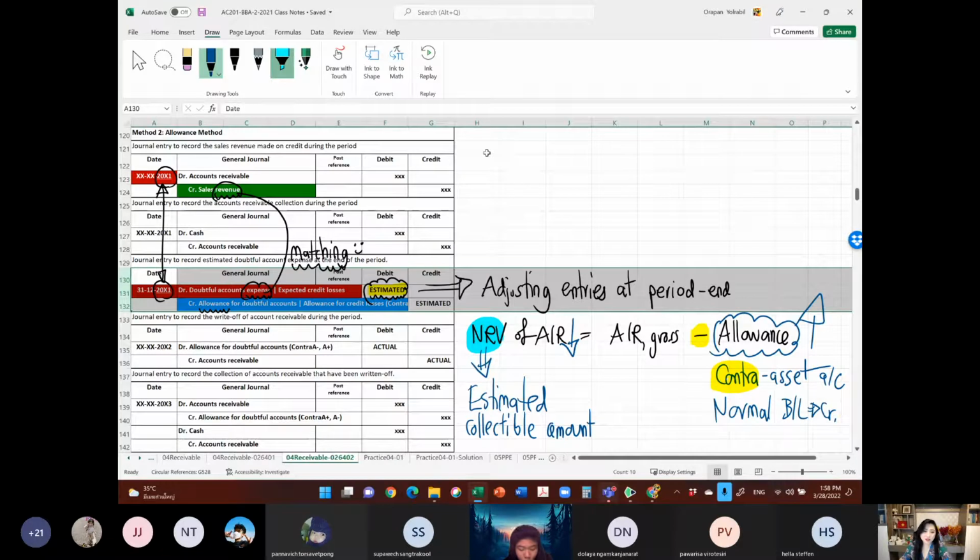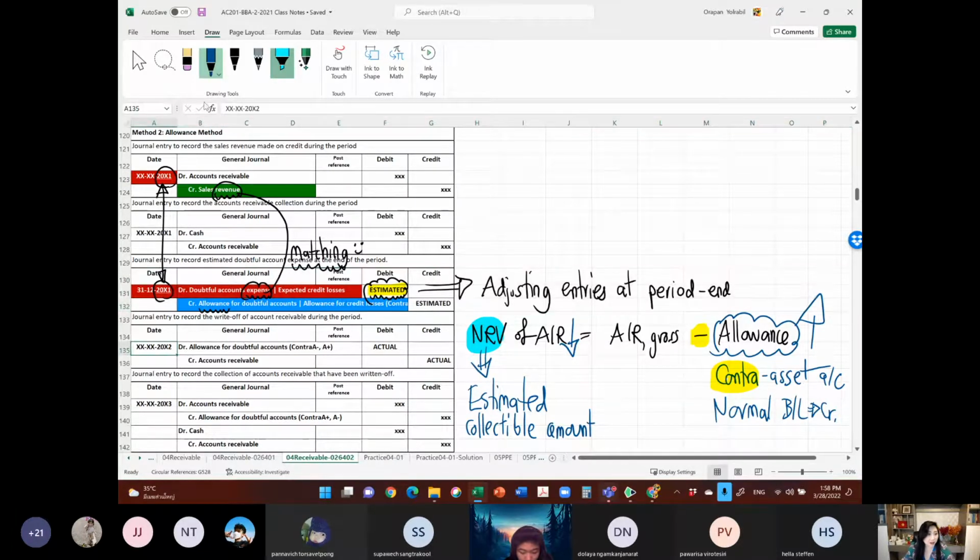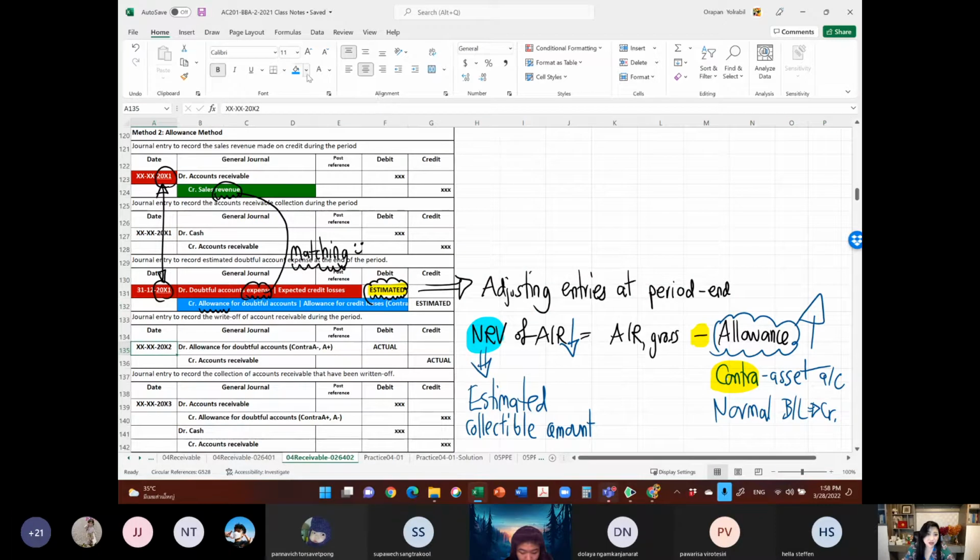All right, so if not, then move along to this one. Then sometime later, you realize that maybe one of your customers just died or went bankrupt or went missing. It may be year 2, it may be year 3, it may be year 10, whatever the case is.